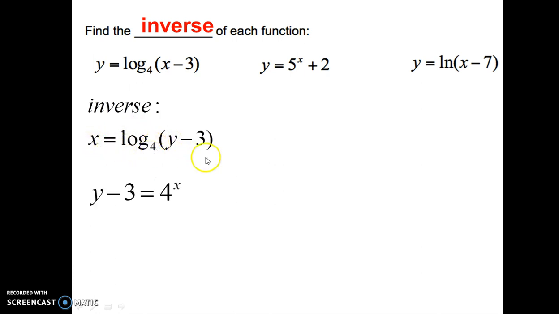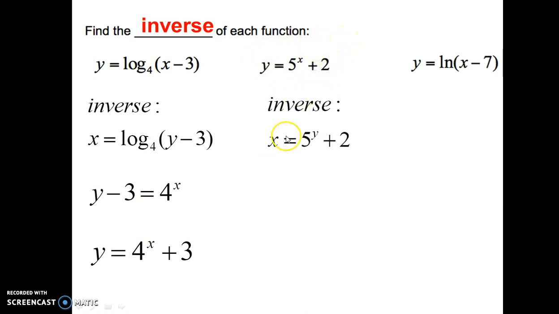So we have 4 to the x here equals this, y minus 3. And we're going to add 3 on this side. There it is. And we have our inverse function, which is an exponential. So this log has an inverse, which is this exponential. And notice this one here is a translation along the x-axis, and this becomes a translation on the y-axis. It's like the inverse operation happening. All right, try to find the inverse of this exponential.